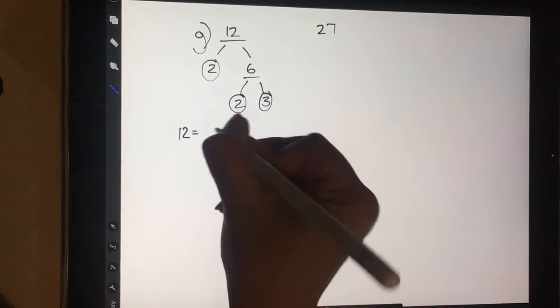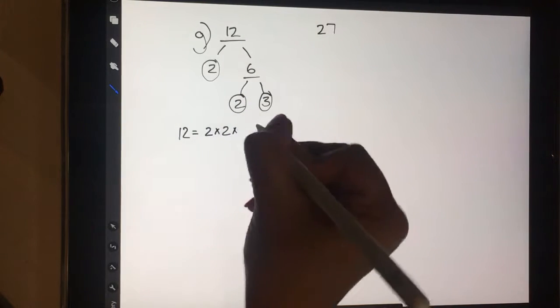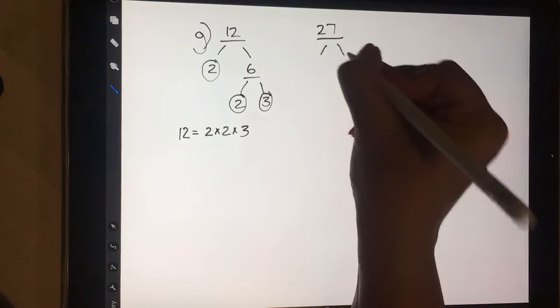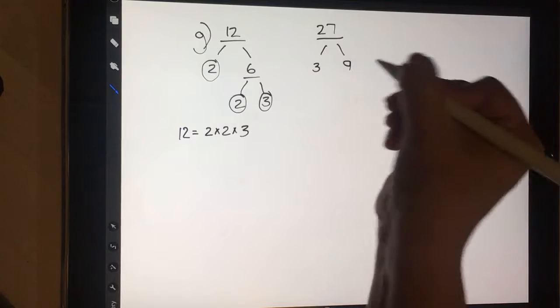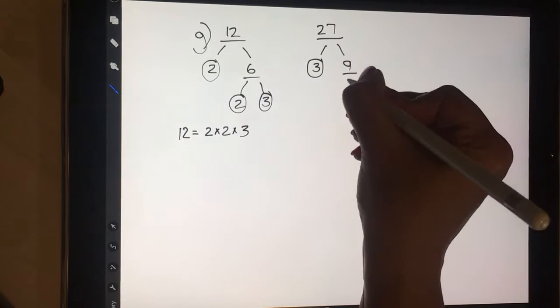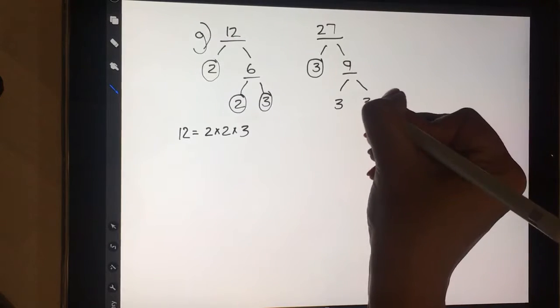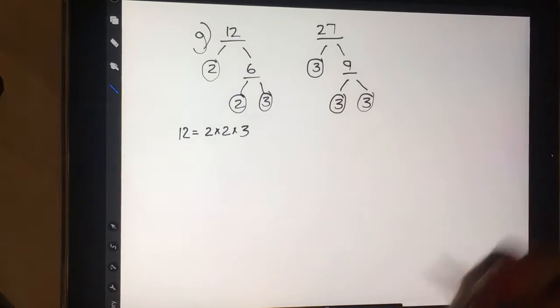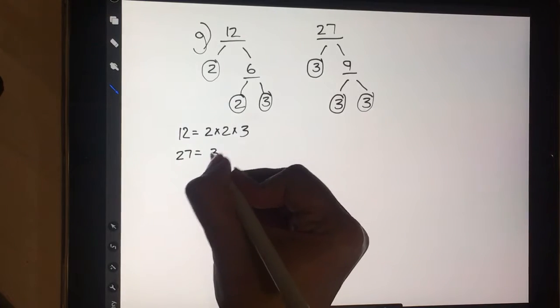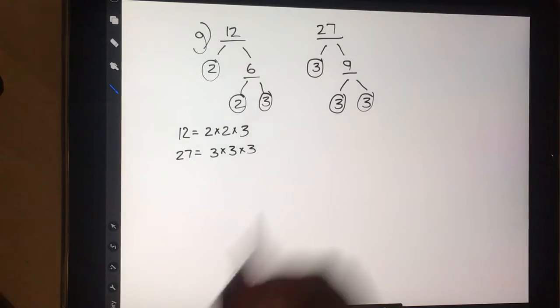So 12 will be 2 times 2 times 3. 27 breaks up into 3 times 9. And 3 is a prime number, but 9 can be broken up into 3 times 3 again. And there's our prime numbers. So 27 is 3 times 3 times 3.